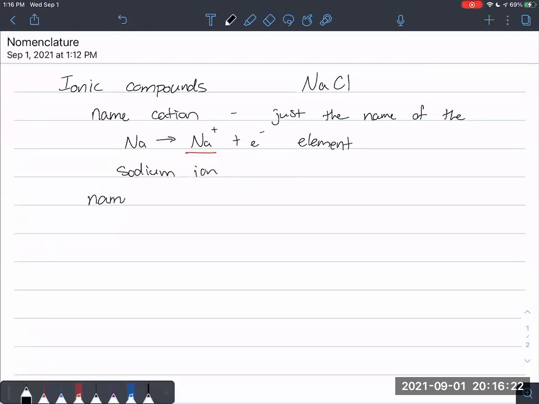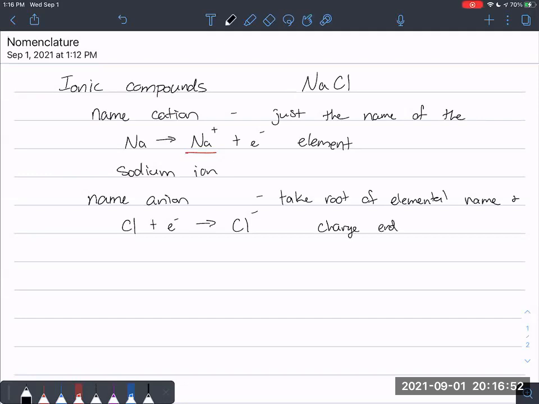Then we name the anion. And in this instance, it's a chlorine atom gaining an electron to form this anion. Okay. So here we take the root of the elemental name and you change the ending to -ide.